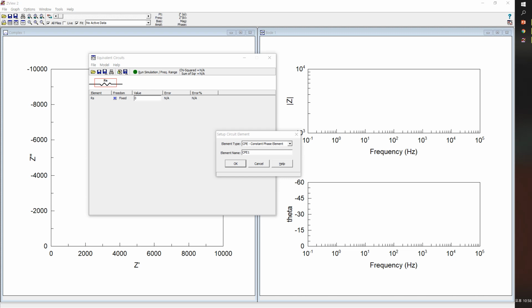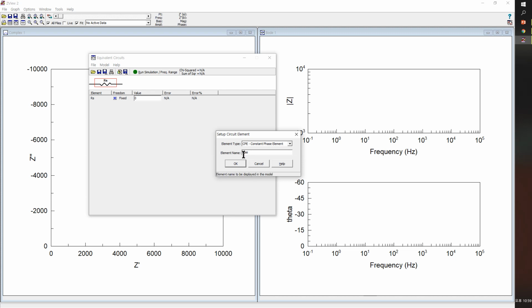Then here I can say CPE1 because this is about the first semicircle. No, like SEI. I'm simulating the lithium-ion battery example. So instead of CPE1, just write SEI.